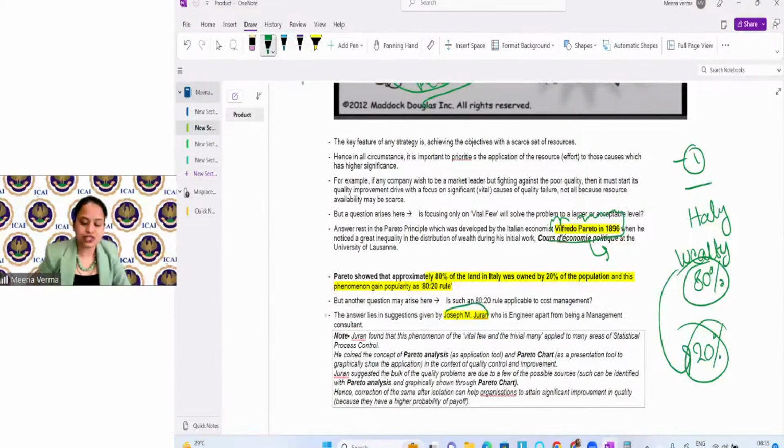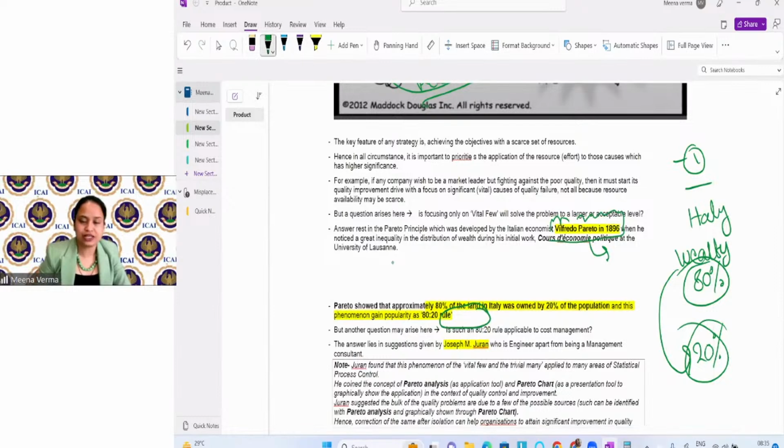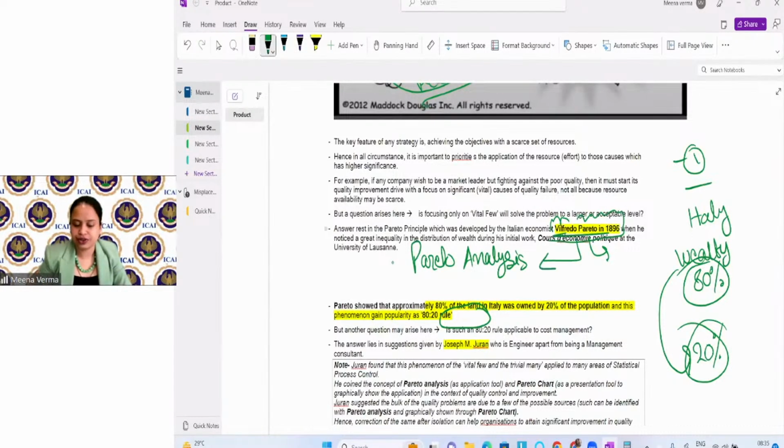Later on, Dr. Joseph M. Juran called the same Pareto analysis the 80-20 rule. So the name Pareto analysis was given by Wilfredo Pareto, right?